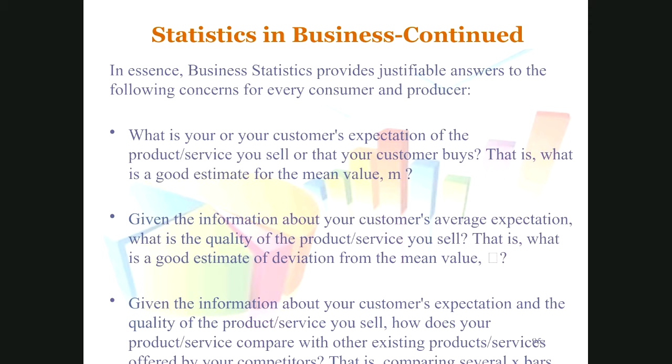And given the information about your customer's expectation and the quality of the product you sell, how does your product or service compare with other existing products or services offered by your competitors? That is, you are comparing different means. And as I previously said, that is really what you are doing in statistics. You're measuring the means, and you want to know: is there a statistical difference?